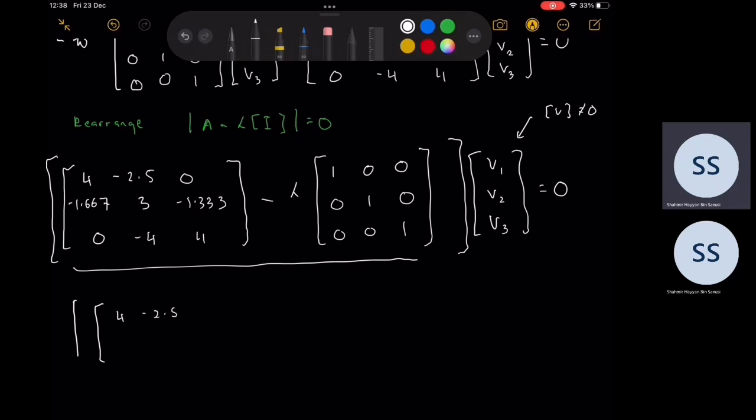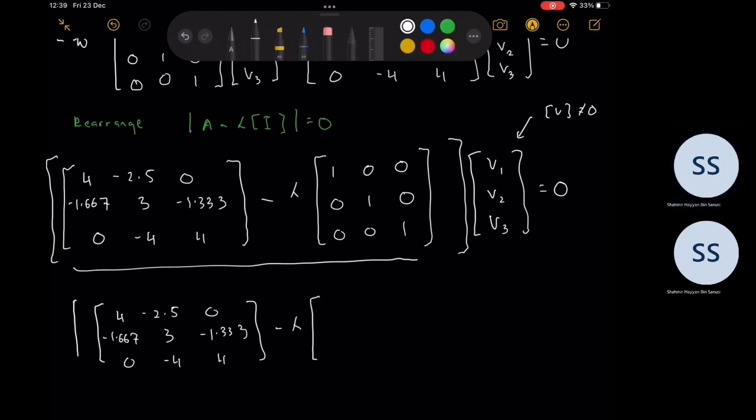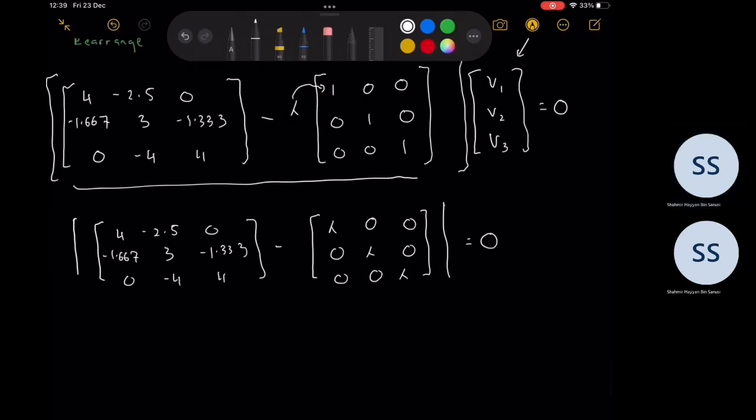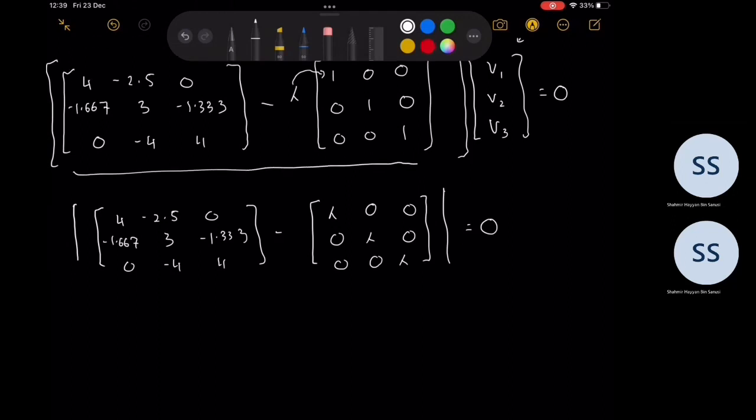So we have 4, negative 2.5, 0, negative 1.667, 3, negative 1.333, 0, negative 4, 4, minus lambda, or maybe I can put lambda in here, so it becomes lambda 0 0, 0 lambda 0, 0 0 lambda, equals 0.